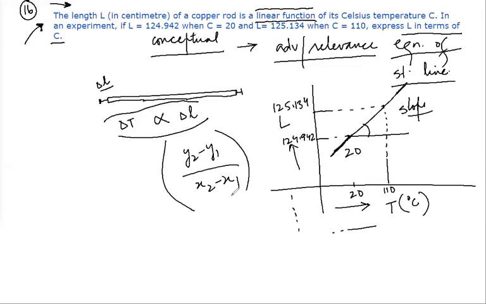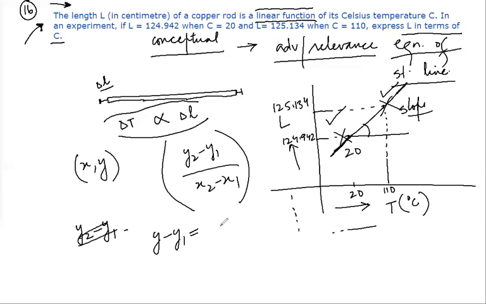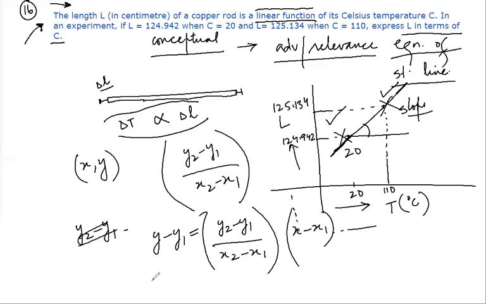Then, using a general point x, y and taking one of the given points, the formula is y minus y1 equals m times x minus x1. Can you do this now yourself?